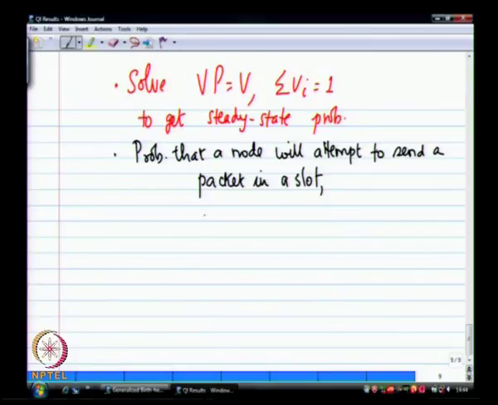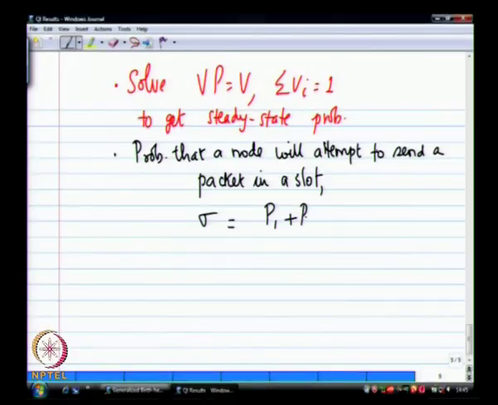We will call this sigma, right. For a node to be in transmit state, what is the probability? That it is either in P1 or P2, right. So if I know P1 and P2, I can simply say that I am in transmit state with probability sigma, in one of those two states I am sending the packet, okay.